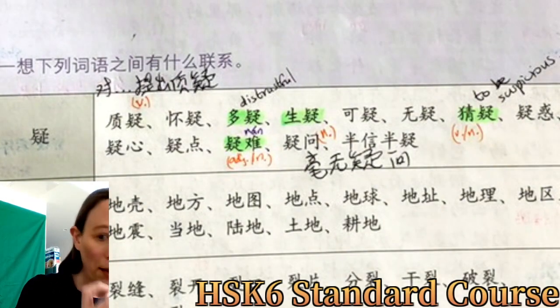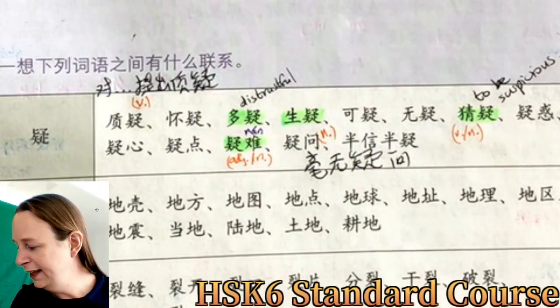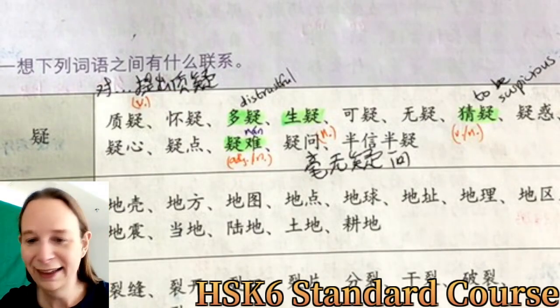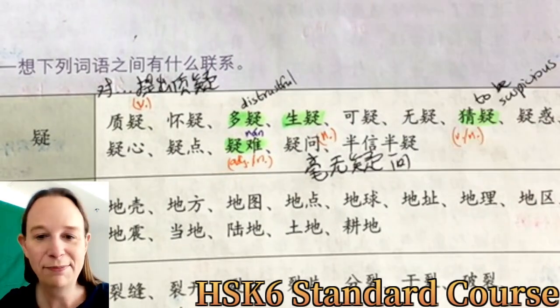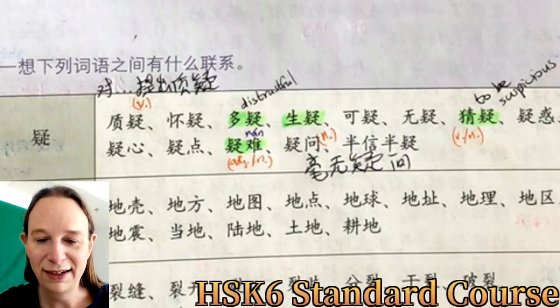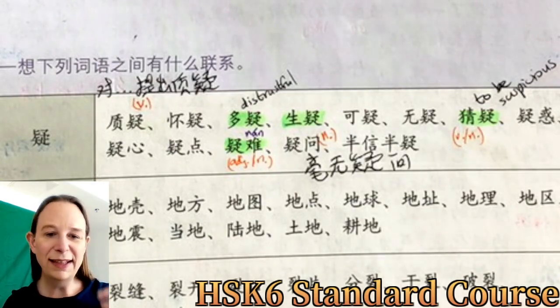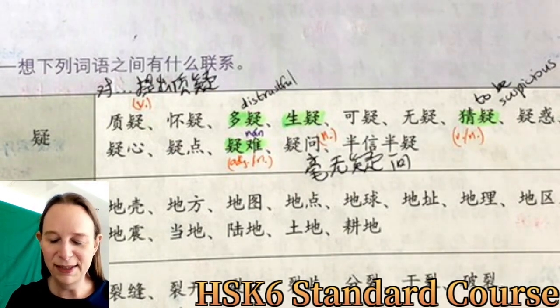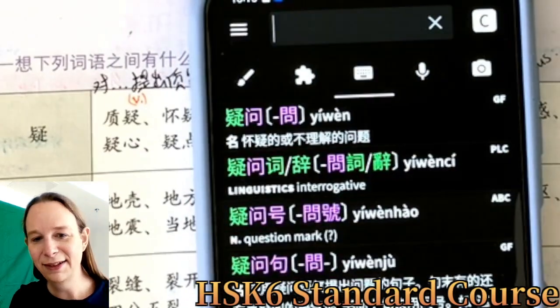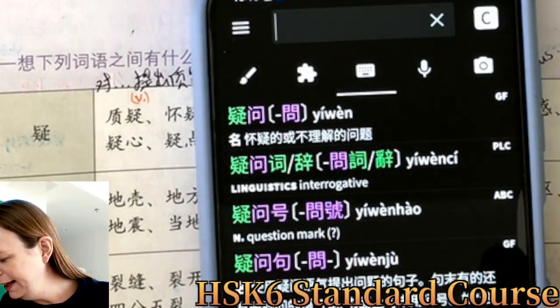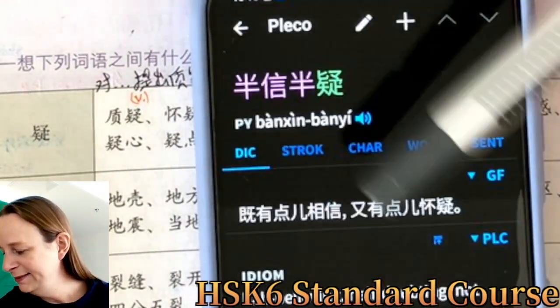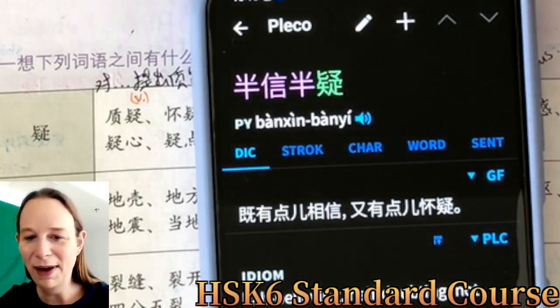Sorry. Okay, next is 半信半疑. 半信半疑, like half believe, half doubt. It's used as an adverb mostly, or a verb, and one of the verbs that kind of functions as an adjective because it describes a state. 半信半疑. Okay, so they didn't even include a part of speech here.